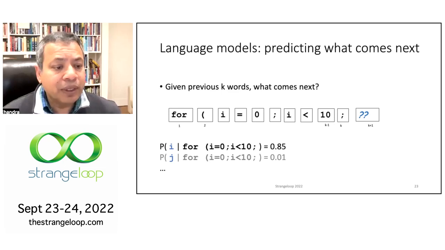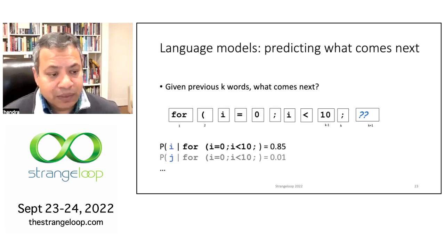So a language model will tell me that, hey, the probability of token i given this context of k words is, let's say, 0.85. Probability of token j given that same context is much smaller, maybe just 0.01, and there will be probabilities of several other tokens mentioned here. And if you are building an autocomplete, you would probably want to suggest the highest probability token as what is likely to come next.